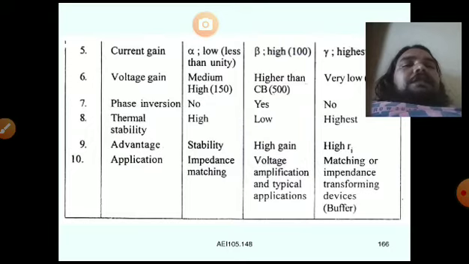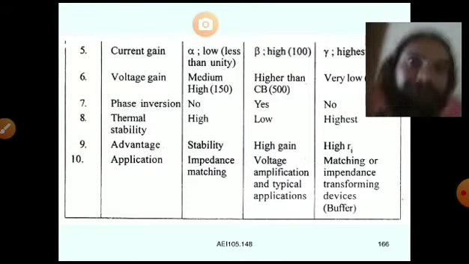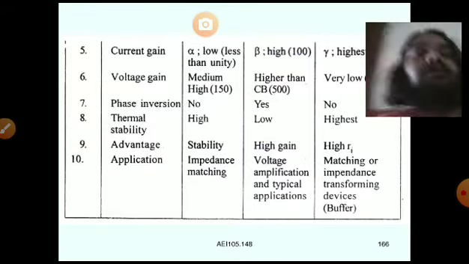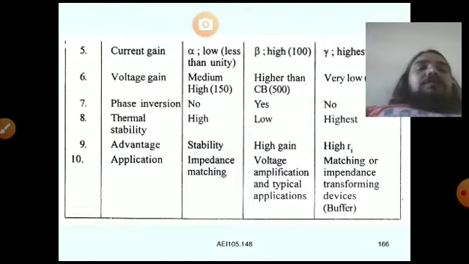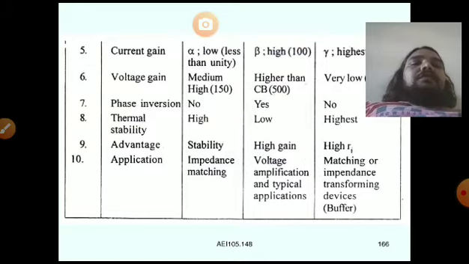Next one is the tenth factor, applications. The application of common base configuration is impedance matching.